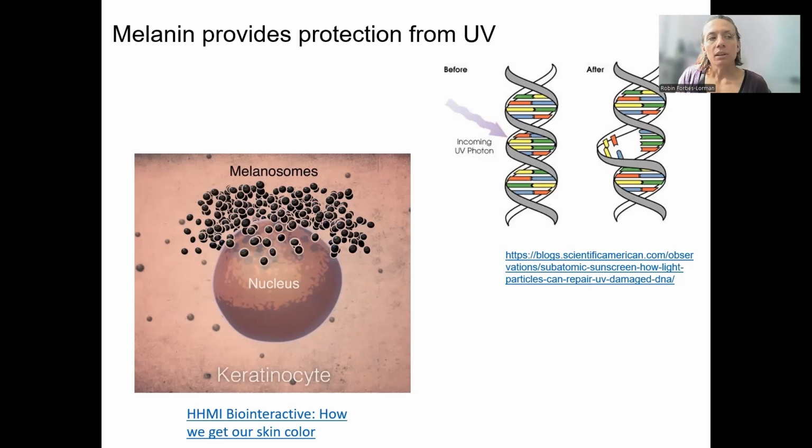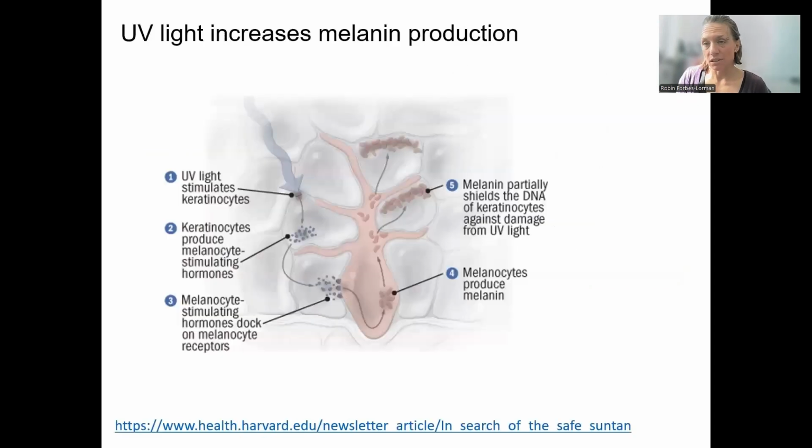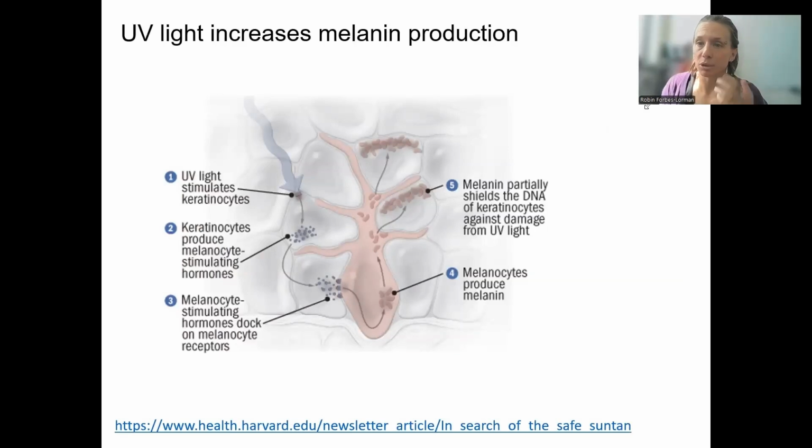But also the amount of melanin can vary based on UV exposure. And you know this because you've been outside in the summer. UV light can increase melanin production. You don't need to know the details here, but it's pretty cool. Briefly, UV light is stimulating this, right? It's a stimulus. And that's going to increase a hormone called melanocyte stimulating hormone, MSH.